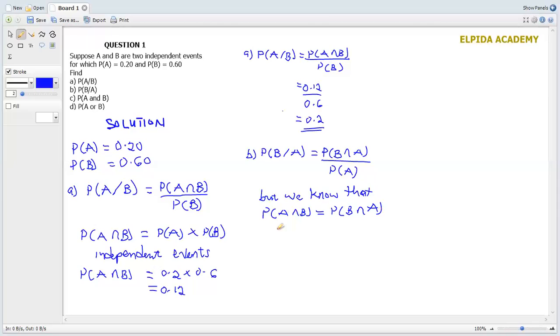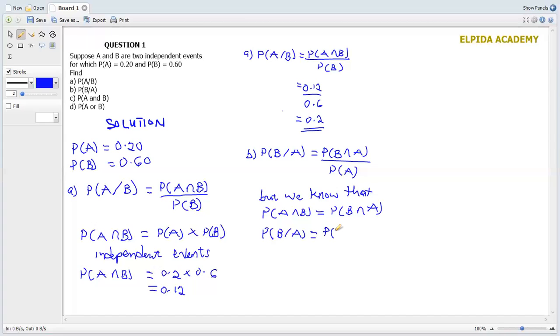So the probability of B given A will be the probability of B intersection A, or A intersection B, which is 0.12. So let me rewrite it so that you don't get confused.